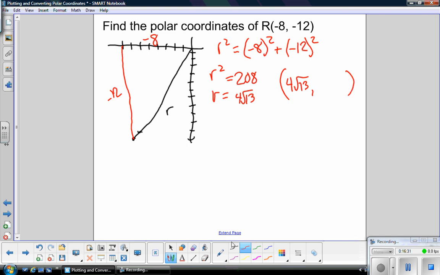Now the theta. The theta gets a little bit more complicated. Let's call this theta. Really, I'm rotating from 0 over there. So once I get that theta, I'm going to add 180 degrees to it. So to get that angle, tangent of theta is 12 over 8. So when I do my inverse tangent of 12 over 8 in my calculator, that gets me theta, which is 56.31.